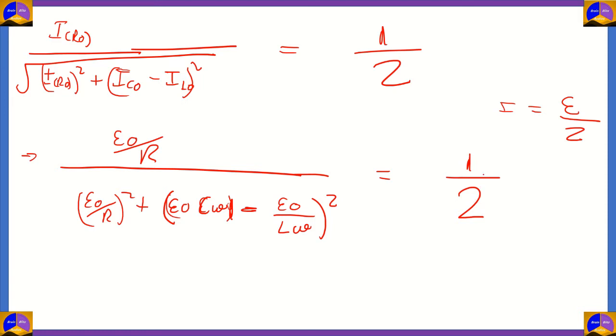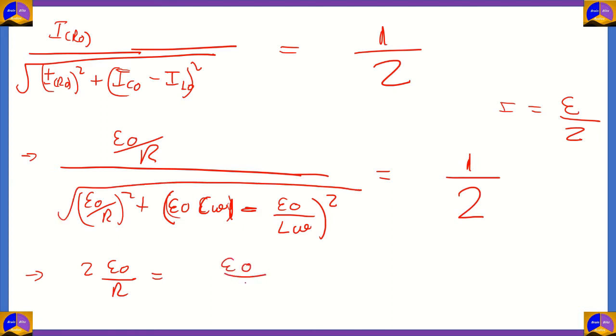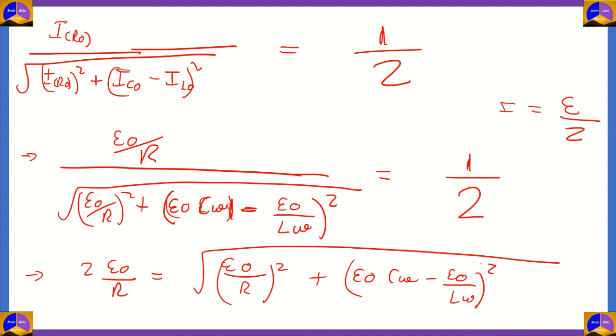So now what are we going to do? We're going to cross multiply this, so you get 2 E naught divided by R as equal to the square root of (epsilon naught divided by R) squared plus (E naught C omega minus E naught by L omega) squared. So now the next thing is to square both sides.